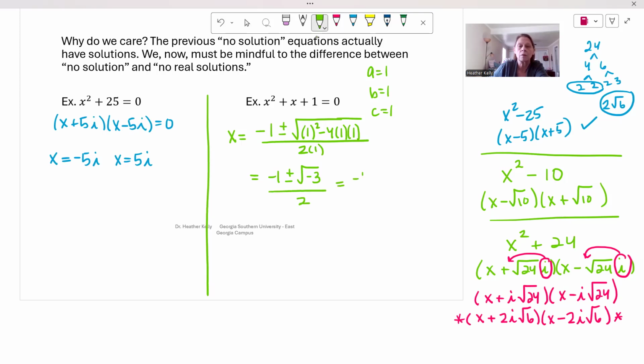That's going to be negative 1 plus or minus i square root of 3, each piece over 2, to put it in the a plus bi form.